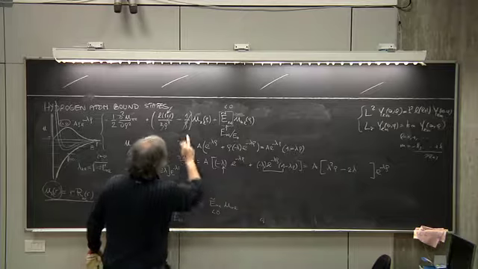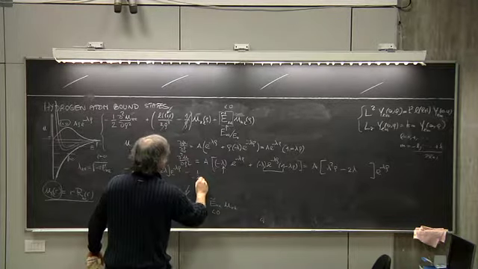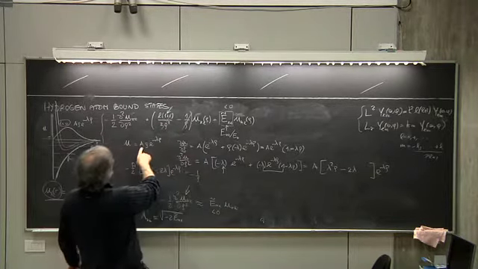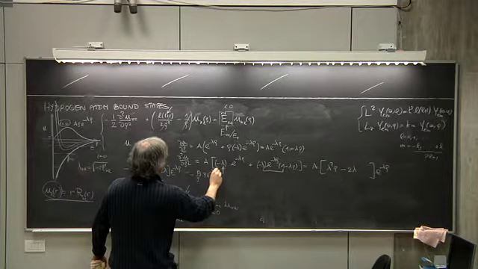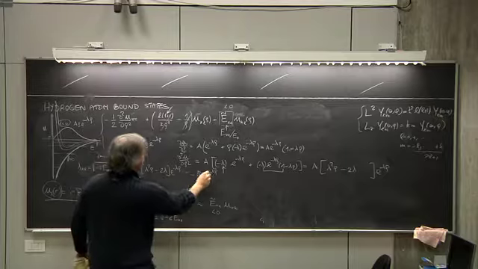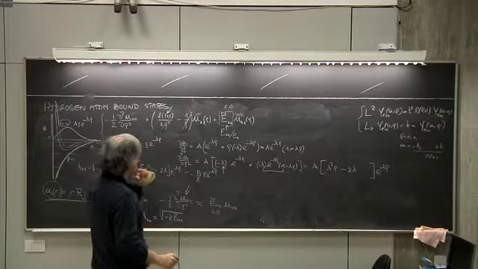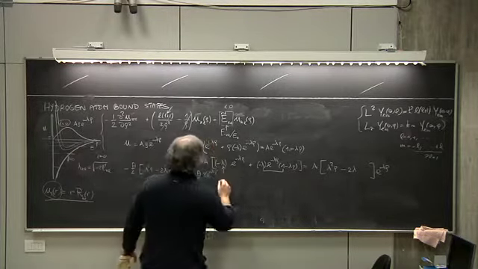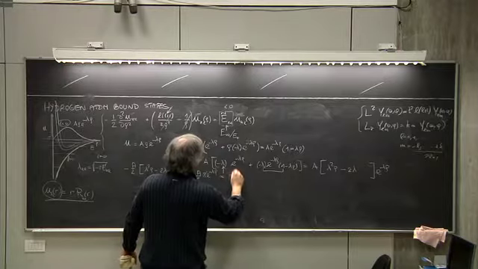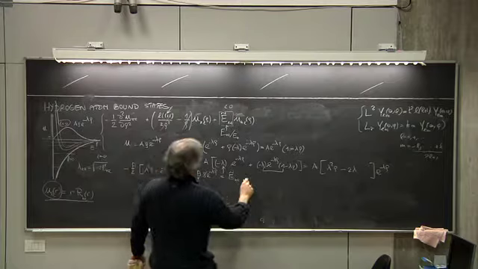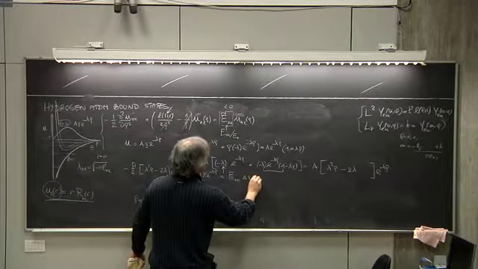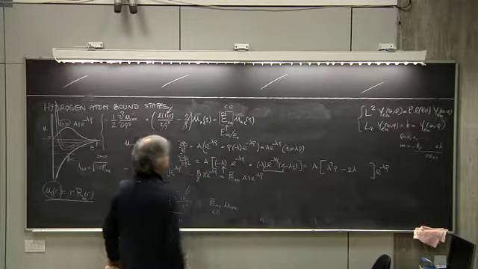So I have simply minus 1 over rho. The function is a rho e to the minus lambda rho. And this rho cancels with that. And then I have here e tilde KL times a rho e to the minus lambda rho.